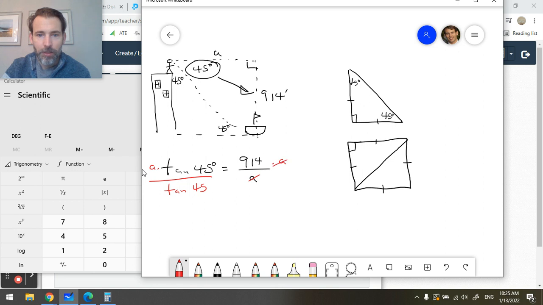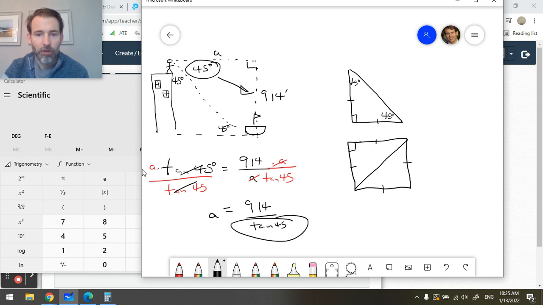This cancels. And then I divide by tan 45, so I'm putting that on the bottom of the fraction. And then I have this line, A, these cancel, of course, equals 914 divided by tan 45. And we've just found that tan 45 is 1, so A is equal to 914.